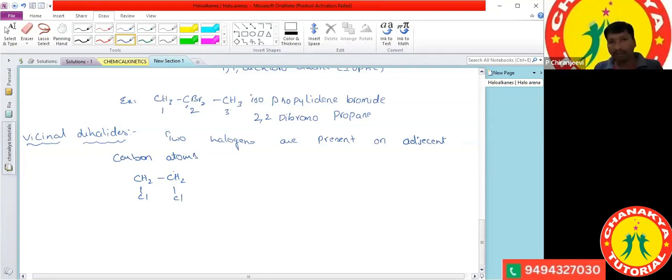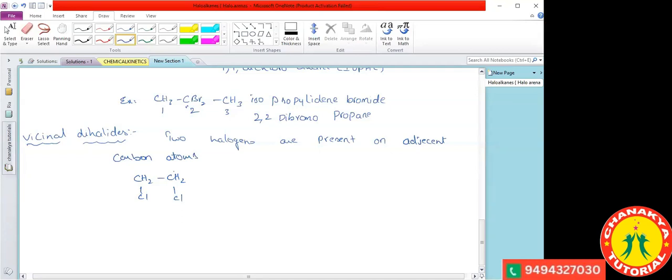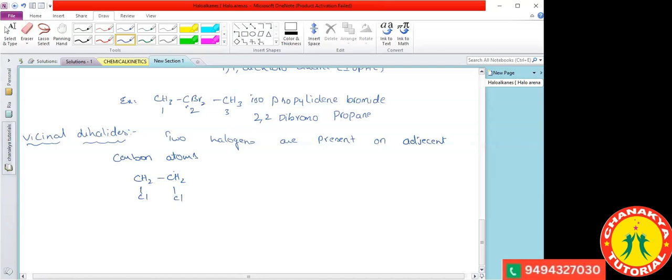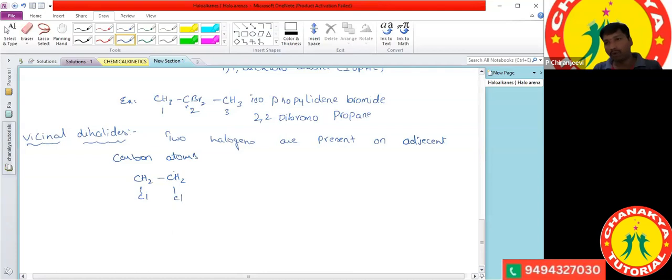And in geminal? In geminal we cannot take two different ones; identical only we have to take. Only in vicinal we can take different, but in the other we can't. And terminal also, we can take two different halides here. Okay, clear?